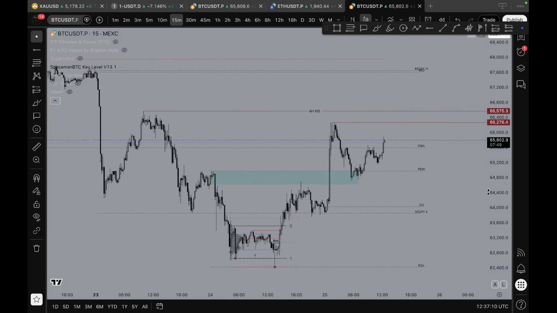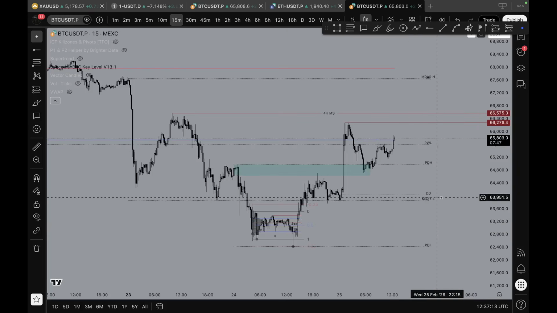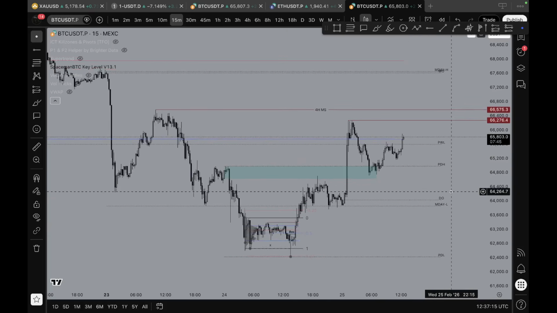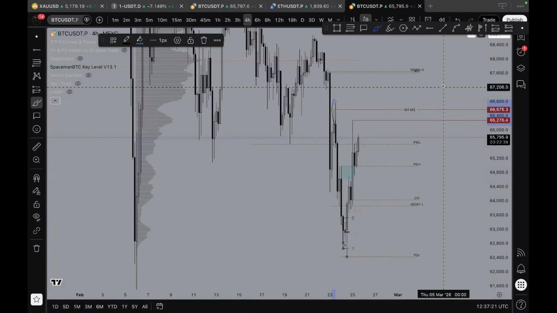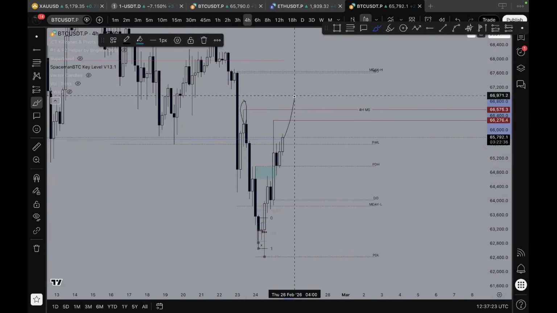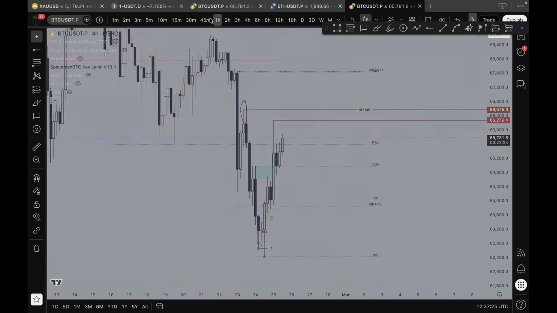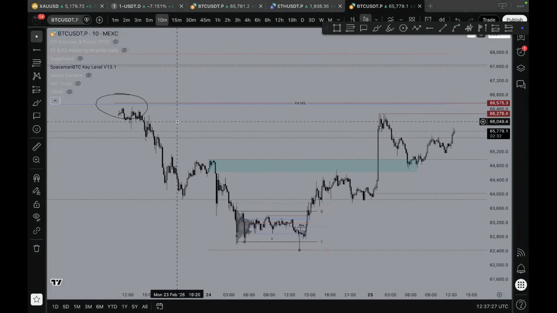Besides that, what are our levels? If we purely look at market structure again, this is the 4-hour market structure level to watch. On the 4-hour, do you get candle closes above, or do you wick the level? That will be important to watch.